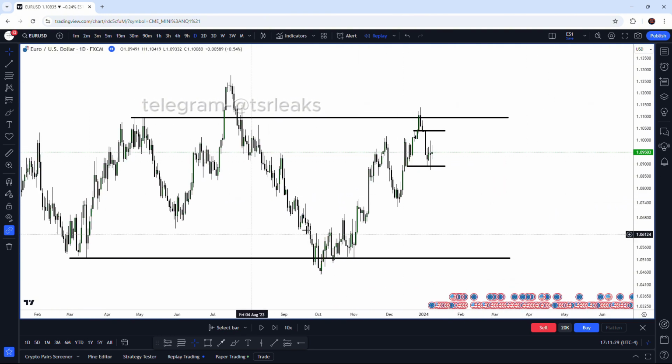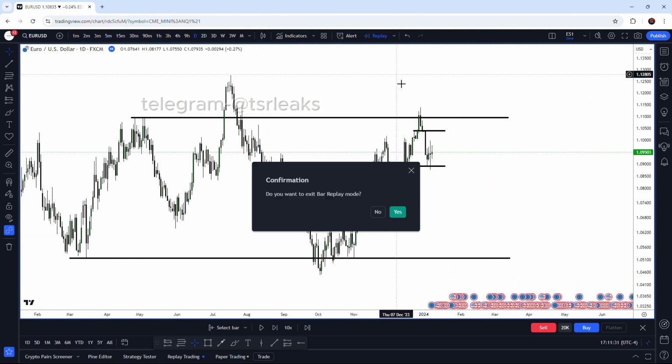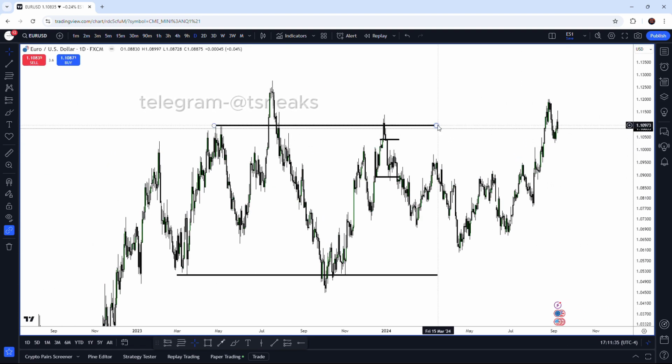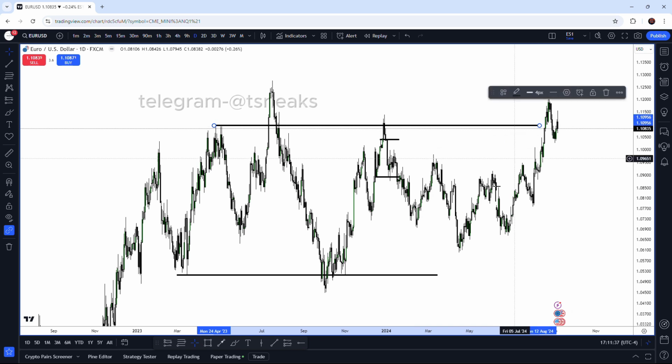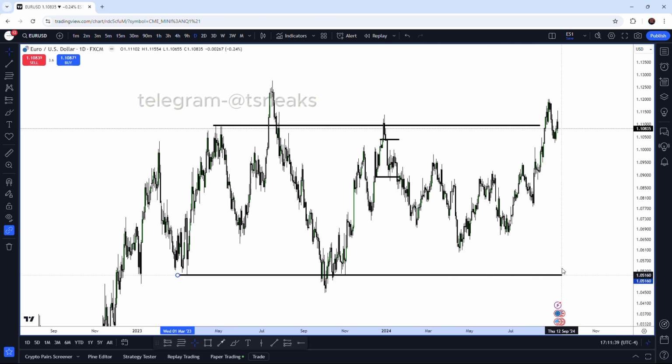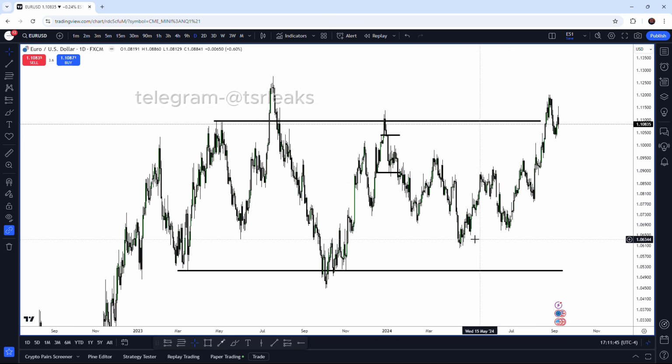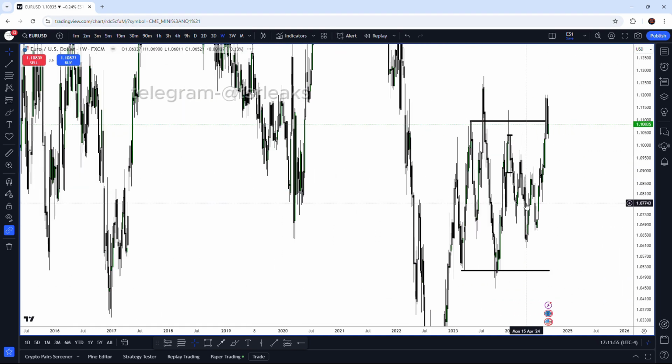I just want to show you guys something here. If you ever fall victim to telling yourself you've studied enough, there's no more to study, there's no more to backtest: first off, I just spent 31 minutes explaining 2 highs and 1 low inside of a monthly range, and there is a lot more to explain just within this range alone.